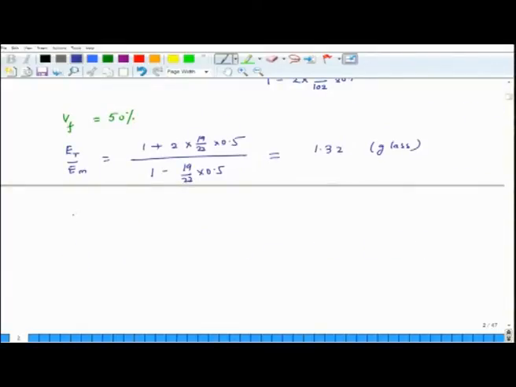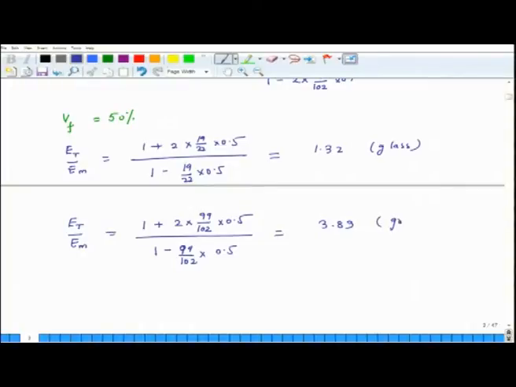Finally, for the graphite system, when the volume fraction is 50%, this ratio is 1 plus 2 times 99 by 102 times 0.5 divided by 1 minus 99 by 102 into 0.5, and that is equal to 3.83. So, this is graphite.